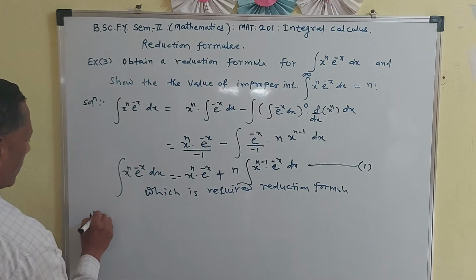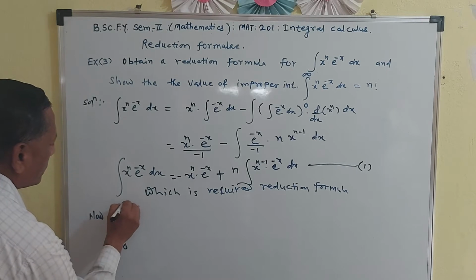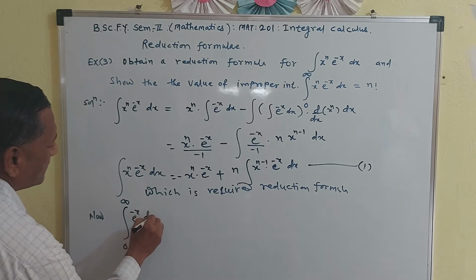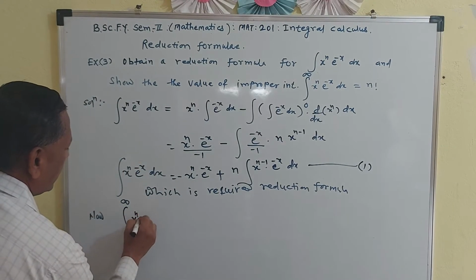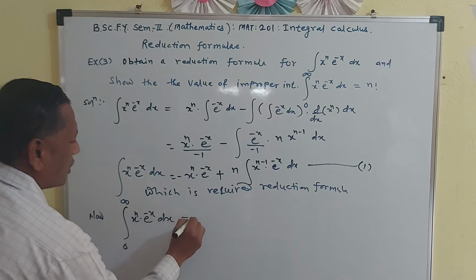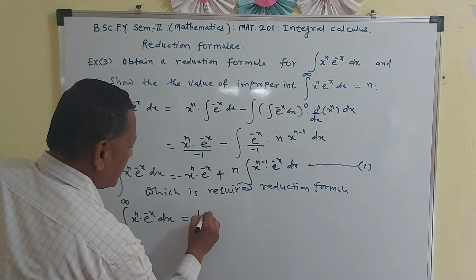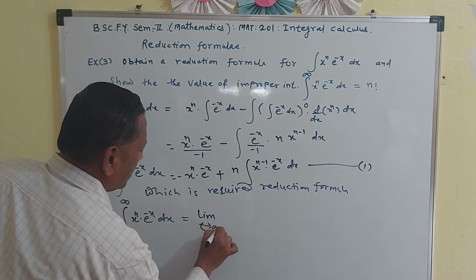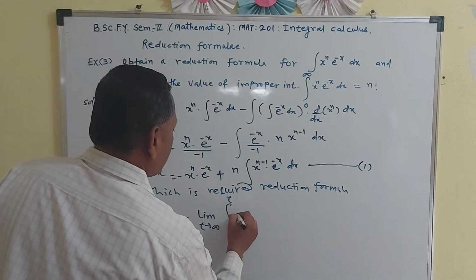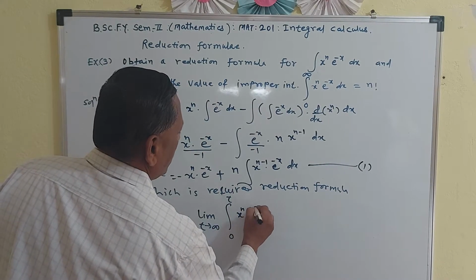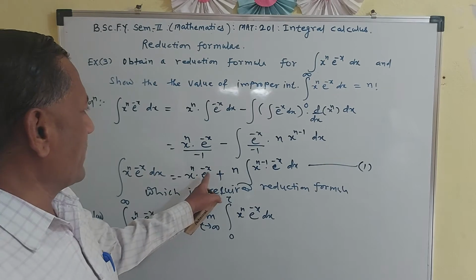Now integration going from 0 to infinity of x raised to n into e raised to minus x dx is equal to, by the definition of improper integral, limit as t tends to infinity, integration going from 0 to t of x raised to n into e raised to minus x dx, and we already have the reduction formula 1.